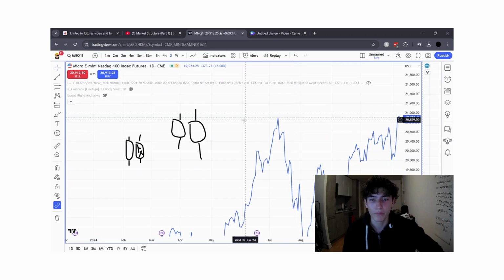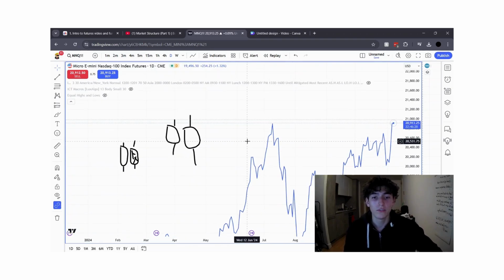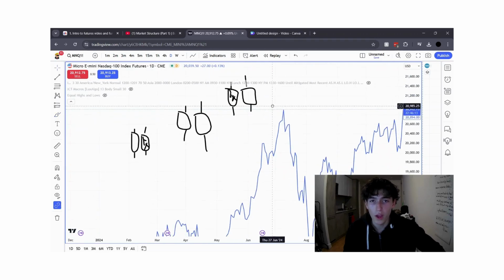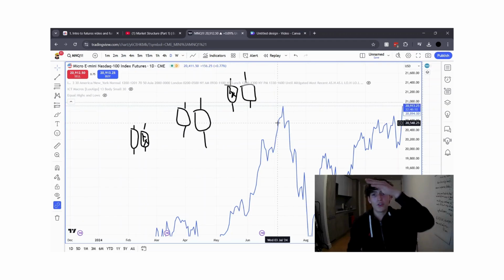It's the same for a low. The only way for the market to create a low is if there's a red candle, right? This is a red candle, followed by a green candle. Why? Because when it's going down, right? It's going down, down.